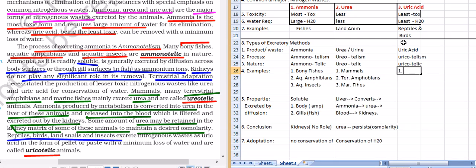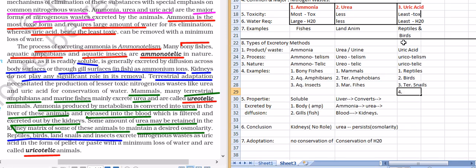First one, reptiles, lizards for example. Birds, all apes. Third, land snails means terrestrial snails. Okay. Fourth, insects. Which insects?